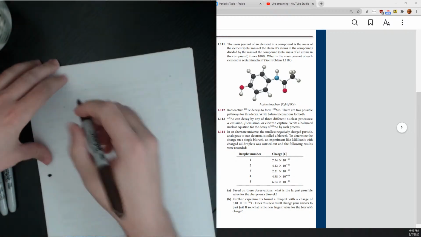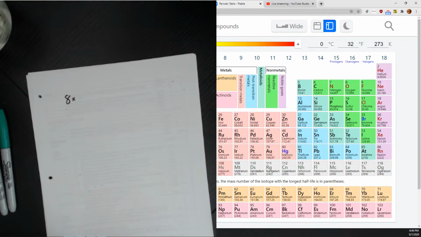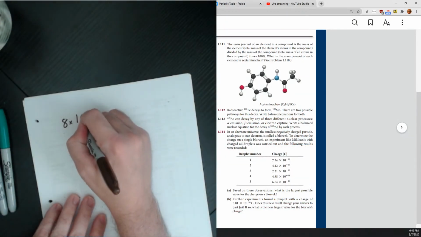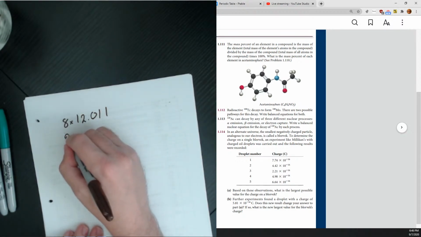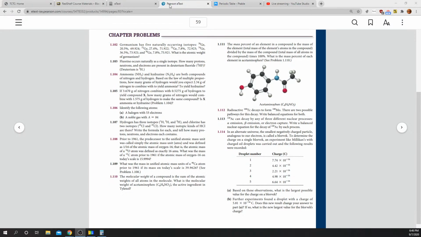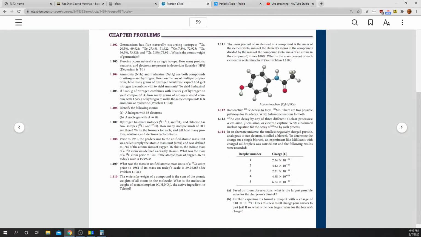We have 8 carbons, so 8 times, we go up over to the periodic table, 12.011. Then we have 9 hydrogens, 9 times 1.008.